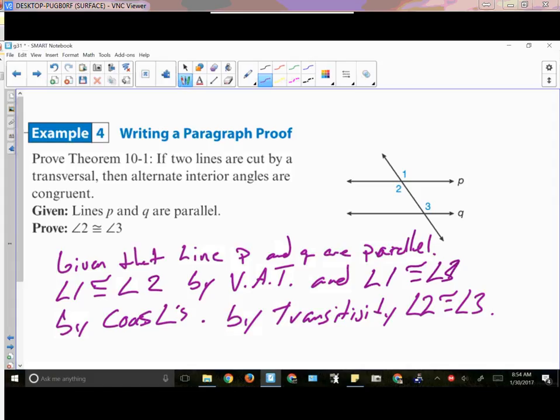Because 1 is congruent to 2, 3 is congruent to 1, therefore 3 has to be congruent to 2. Did I explain it? Did I go through and state it? Do I have enough justification? Does it have to be perfect? It does not. It should be logical, it should follow a pattern, that if you look at it, it makes sense to you.